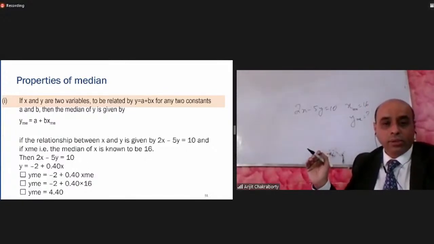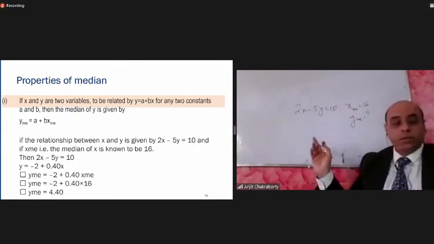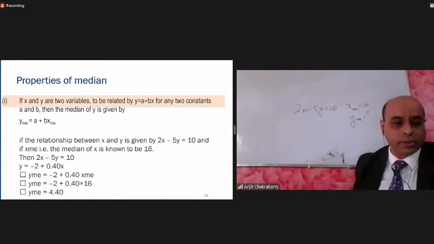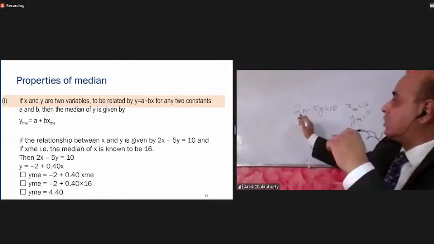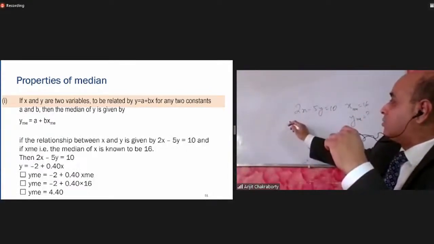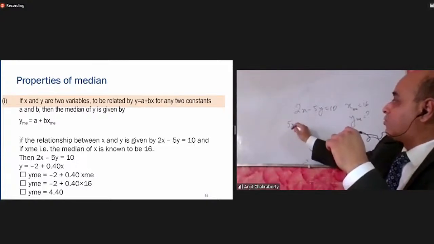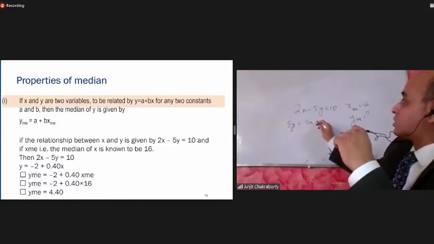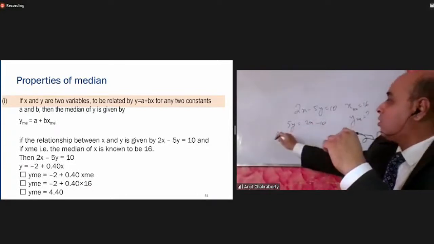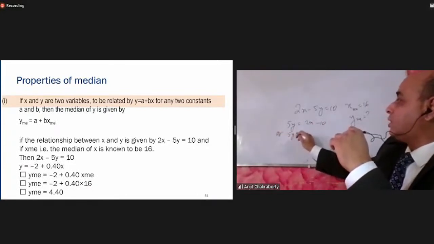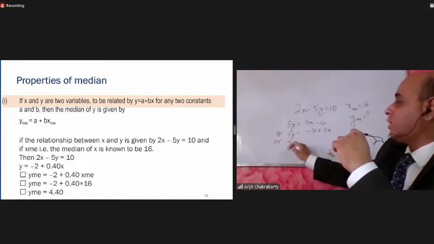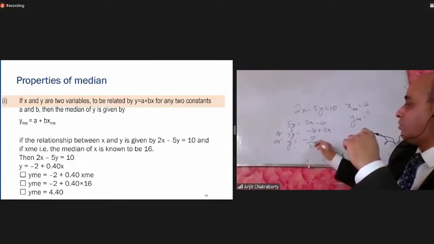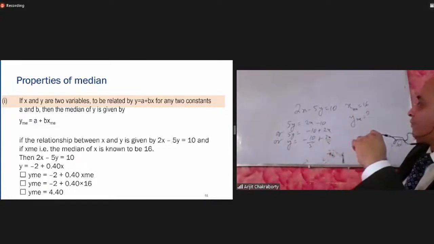How to do it? We have 2x minus 5y equal to 10. Now we will put it in the form of y. So 5y is equal to 2x minus 10, or 5y equal to minus 10 plus 2x, or y is equal to minus 10 by 5 plus 2x by 5.